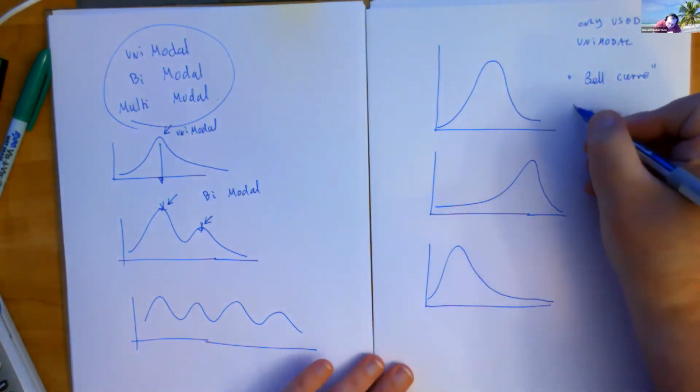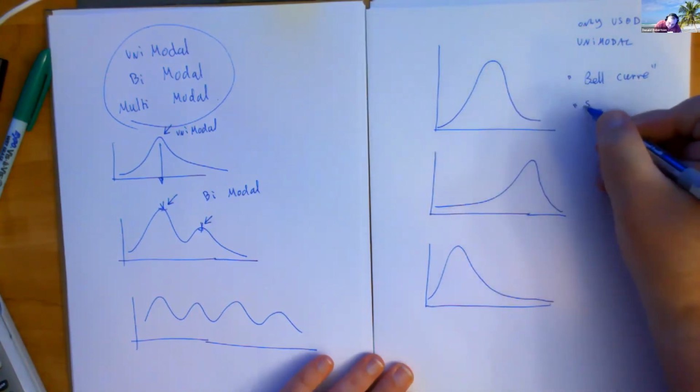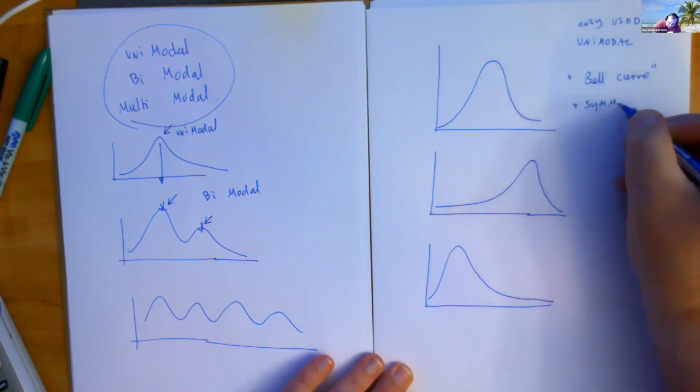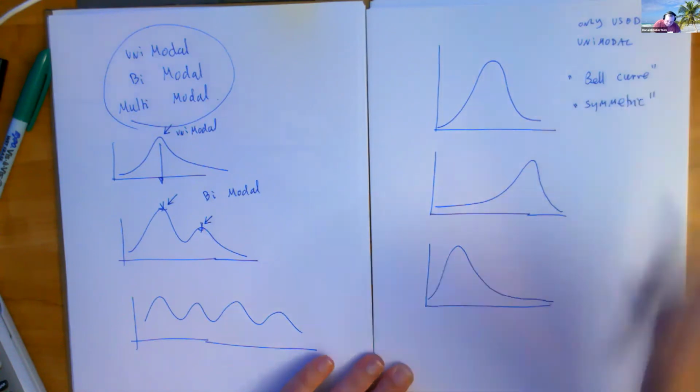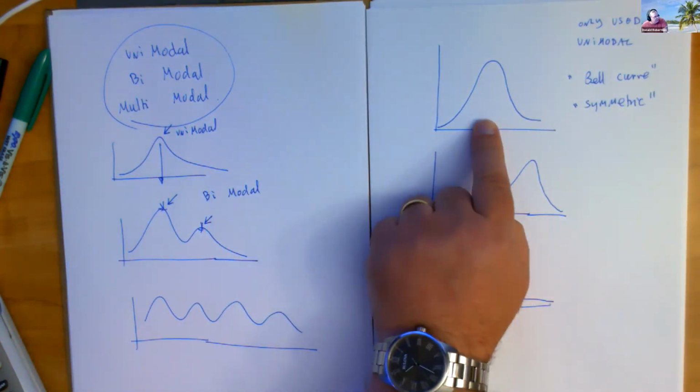The term that we're going to use is that this is symmetric. So this histogram, we would say it's unimodal and symmetric.